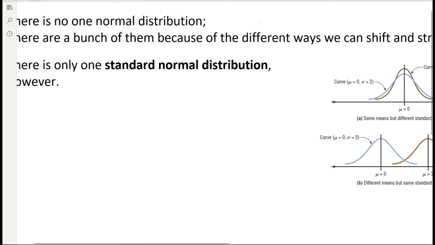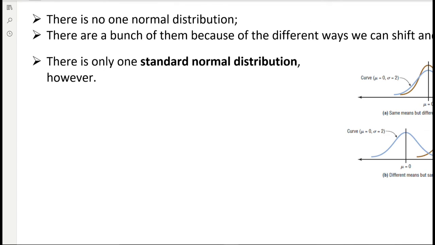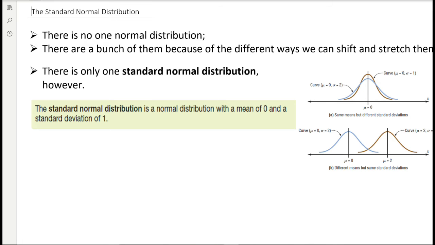And in this case, we have one distribution that we use often, and that is known as the standard normal distribution. Now, the standard normal distribution is a normal distribution with a mean of 0 and a standard deviation of 1. So this was actually the normal distribution that I presented to you earlier in Desmos. That was the very beginning one before I shifted it.